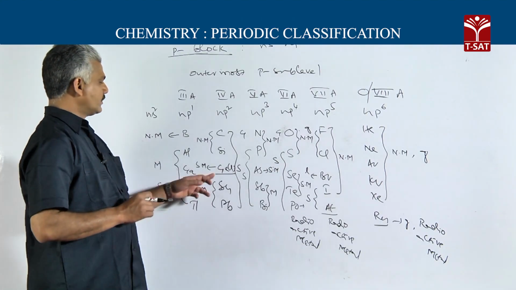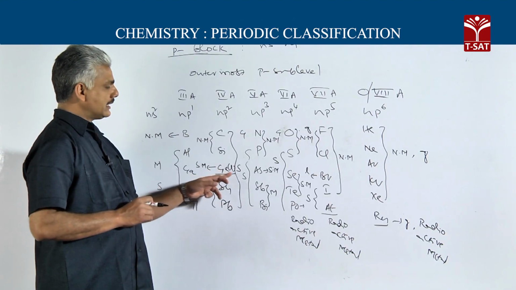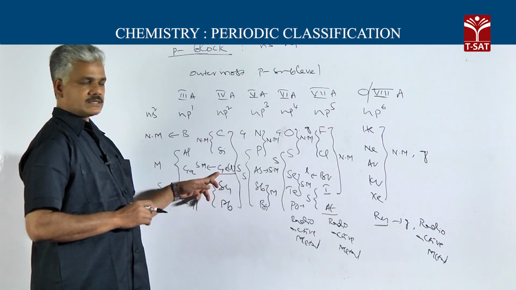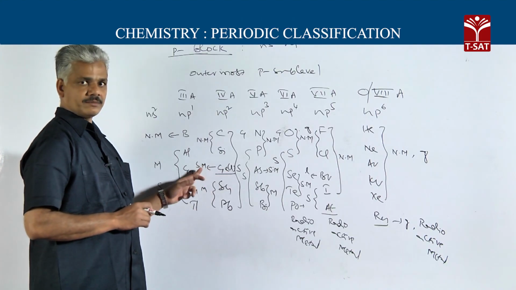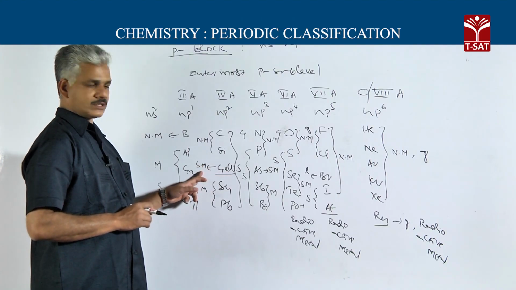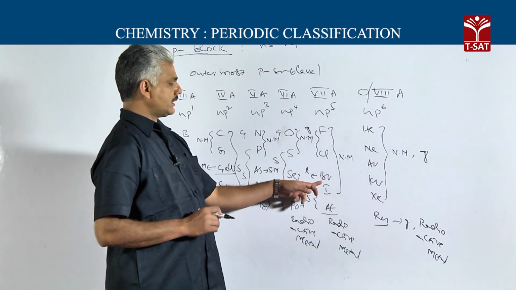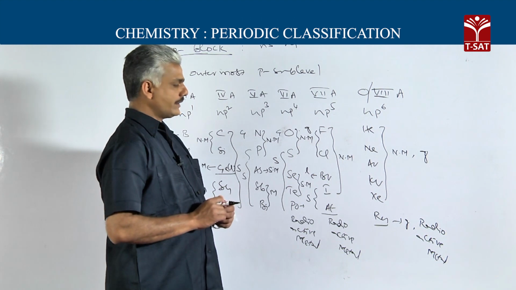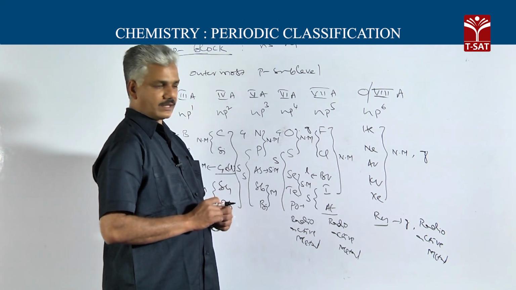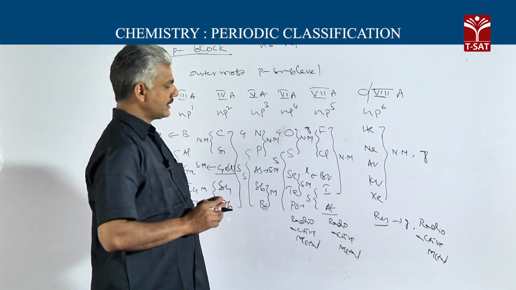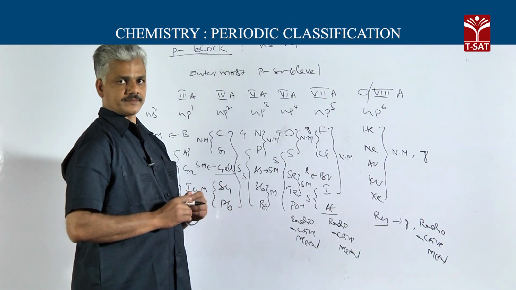The most important thing is the liquid elements are to be remembered. Germanium is the only liquid semi-metal present in nature or the periodic table, bromine is the only liquid non-metal in the periodic table, and radon is the only metal that exists in gaseous state.